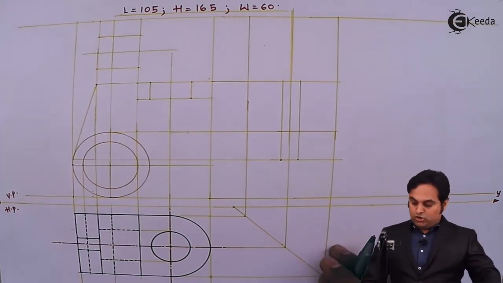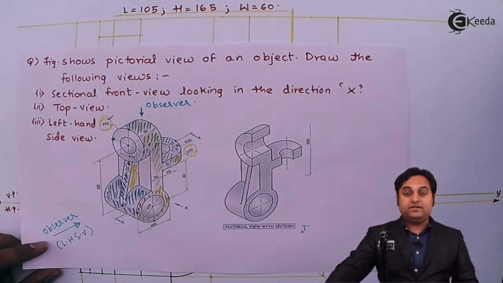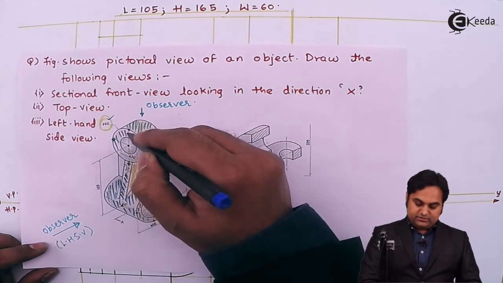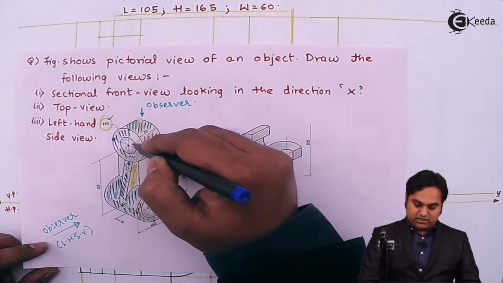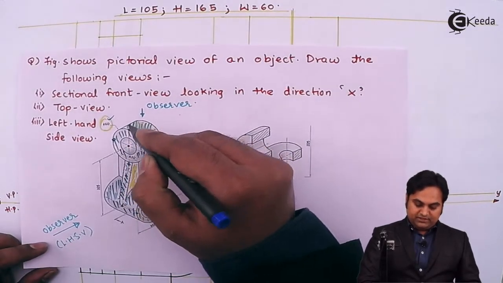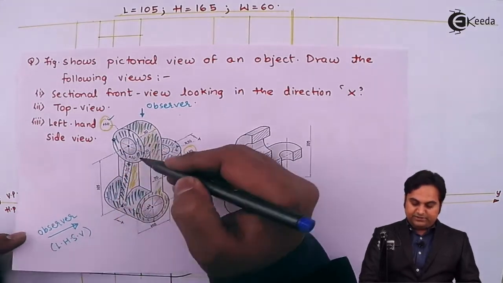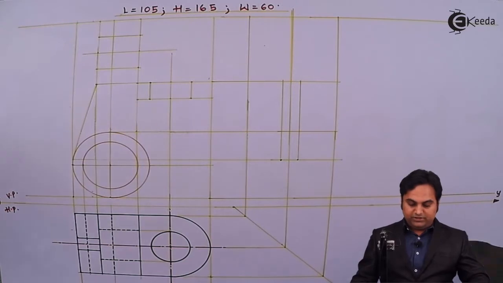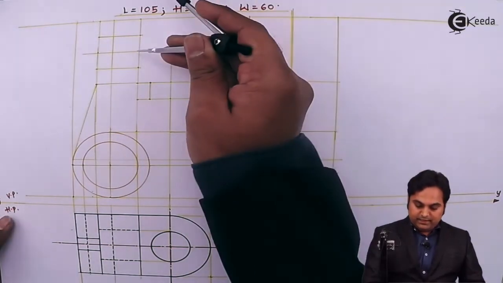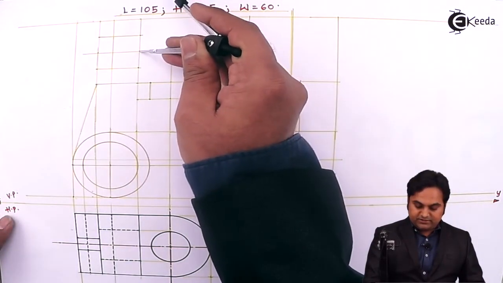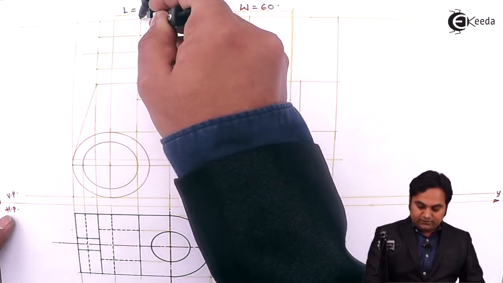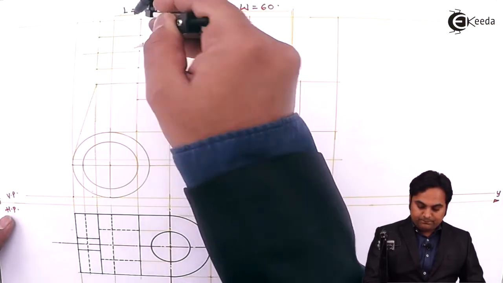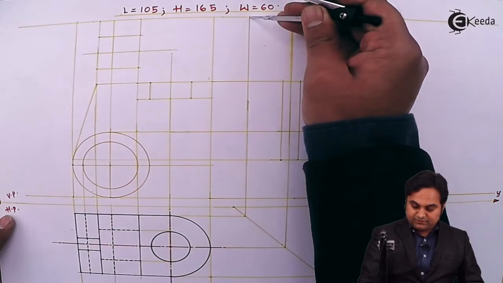Next, looking from side, both these circles are also visible. One is having diameter 60, other diameter 30. So first I'll project the center, or in other words, I'm going to measure this radius directly from the front view and mark the center from the top.